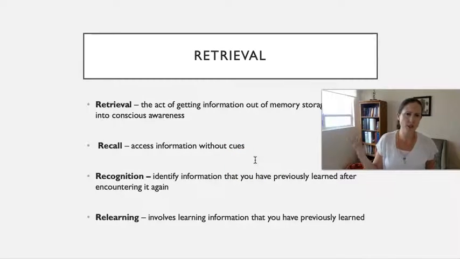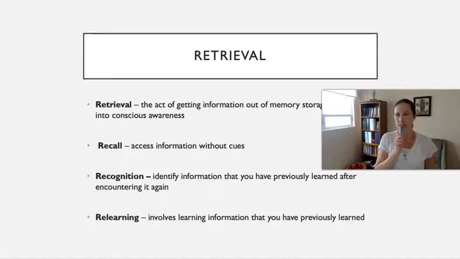Multiple choice is going to be a whole lot easier than a bunch of short answer questions. One way to think about it is that for recall, you kind of have to do two things. You have to think of all possible options for what could be stored in your mind and then choose what's actually stored in your mind. For recognition, that first step's done for you. Here are all the possible options. Can you recognize what should be stored in your mind? So recognition is easier than recall.